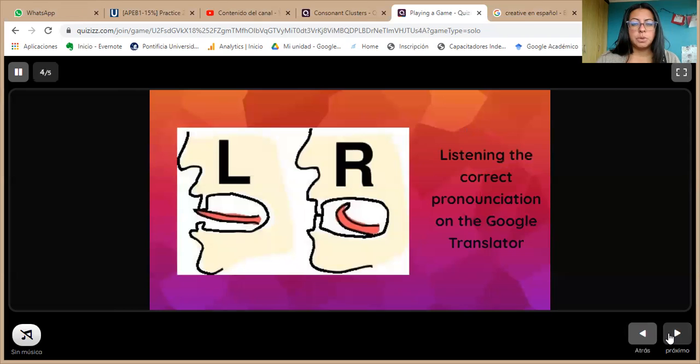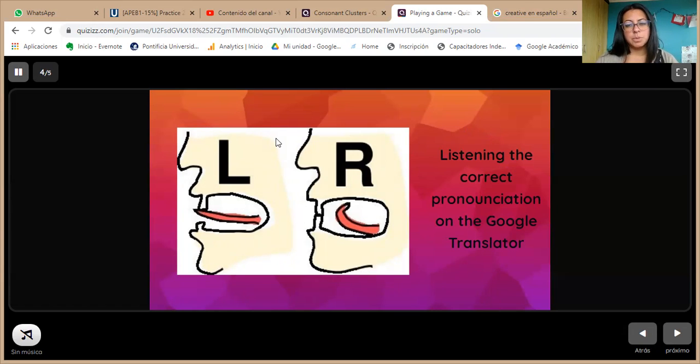Then I put an image. I found this image, and I think it was really interesting because I wanted to include this image on how you correctly pronounce the R, like putting the tongue on the back.